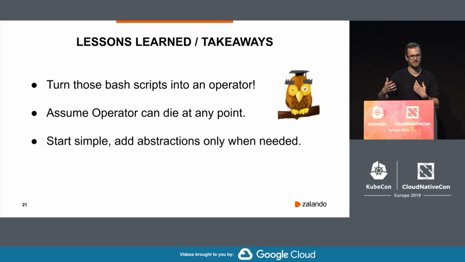We might add an abstraction later on that makes it simpler to just define an Elasticsearch cluster and get things out of the box. Right now you have to deploy the master yourself, just a deployment or stateful set. It's not that hard, but it is an effort from the user's point of view, and this we could maybe abstract in the future. But this was not our goal. Our goal was to encode all these bash scripts and so on into an operator, so we don't have to do so much about scaling and updating.